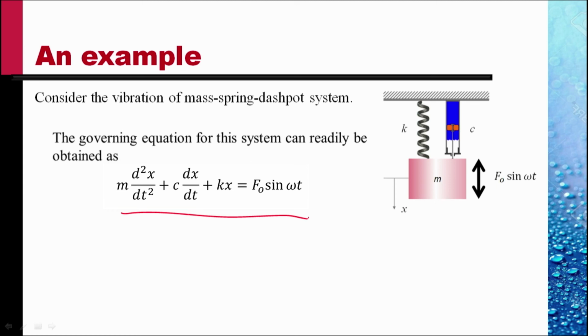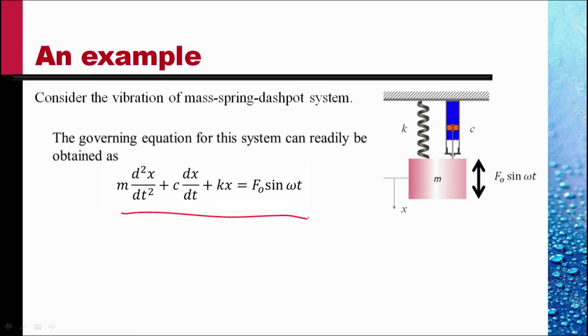The second term represents the viscous force of the dashpot, which is c, the damping constant, times the velocity, and the third term is the spring force, spring constant times the displacement. And on the right is the forcing sinusoidal force F naught sine omega t.